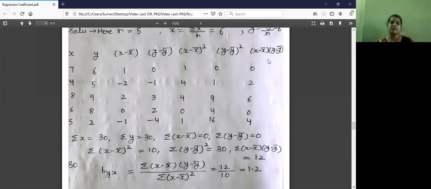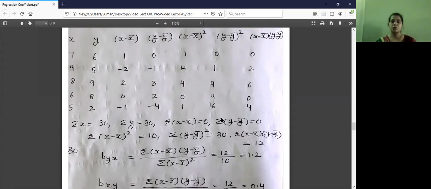And the last column is multiply of both values. So 1 into 0 is 0, minus 2 into minus 1 plus 2, 2 into 3 is 6, 0 into 2 is 0, minus 1 into minus 4 is equal to 4.